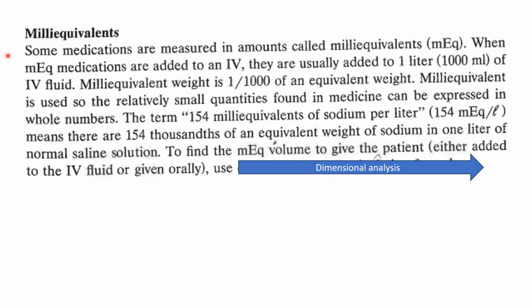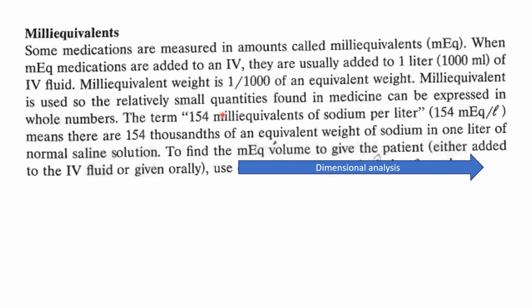Milliequivalents. Some medications are measured in amounts called milliequivalents, and that's abbreviated this way, mEq. When milliequivalent units are added to an IV, they're usually added to 1 liter, 1,000 milliliters of IV fluid. A milliequivalent weight is 1/1000th of an equivalent weight.